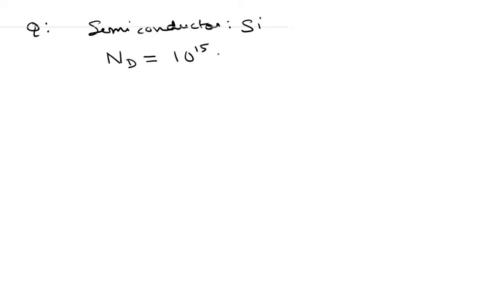Let us say that I have a silicon semiconductor and I have doped this semiconductor with approximately 10 to the power 15 phosphorus atoms, which are n-type dopants, per centimeter cube.